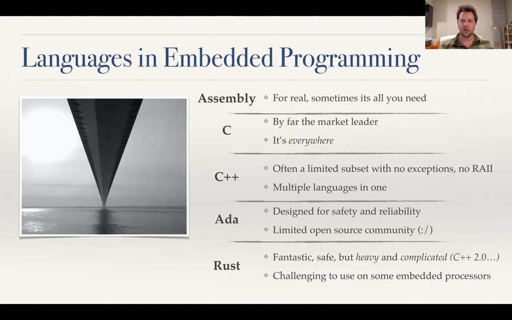Another one, which I actually kind of enjoyed reading about but have never used, is Ada. It was designed for the DoD back in the 80s and gained some amount of success, and unfortunately just never broke out of a few niche communities. It is still very widely used in some of those communities, and it provides an interesting feature set where the compiler can automatically detect certain classes of errors.